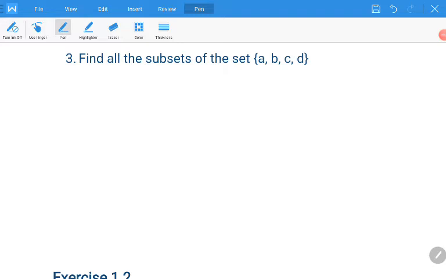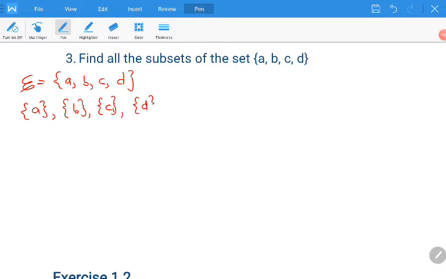So the universal set under consideration is A, B, C, and D. So again, it's usually easier to start with the singletons. So we have A, we have B, we have C, and we have D.